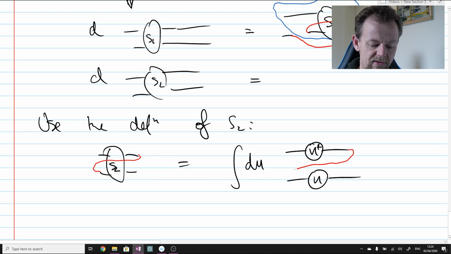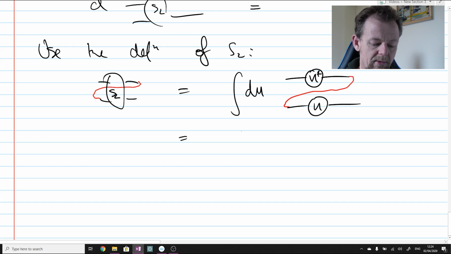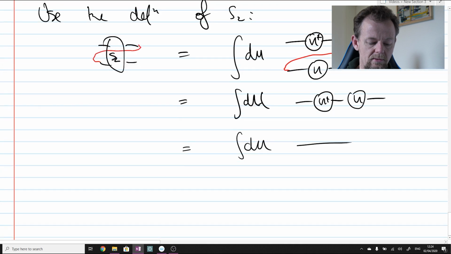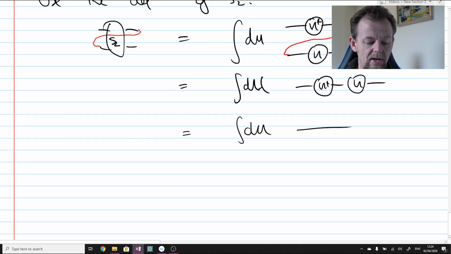Let's do that on the defining representation for S2, and then we see something very simple and neat happening. We get the integral of du of, first u dagger multiplied by u, but u is unitary, so u dagger times u is the identity. So then we have the integral with respect to u of the identity. Now, something I didn't mention at the beginning of this video is that the Haar measure is normalized to 1, so we just get that that's the identity.